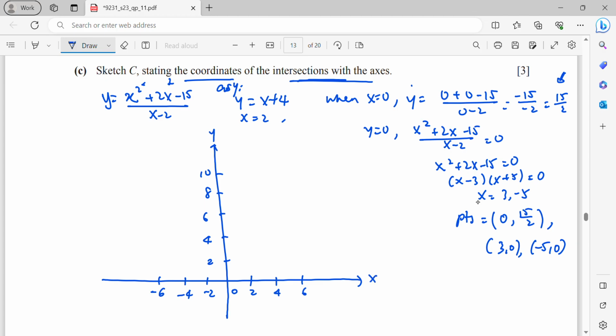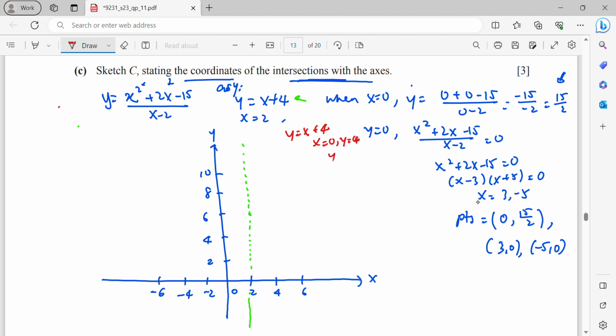Now, firstly, x equals 2 is my asymptote. So please draw this using a ruler. Draw the straight line, the dotted line, to represent the asymptote. Then y equals x plus 4. So when y equals x plus 4, when x equals 0, your y is 4.